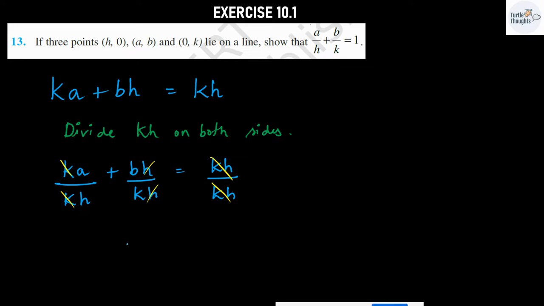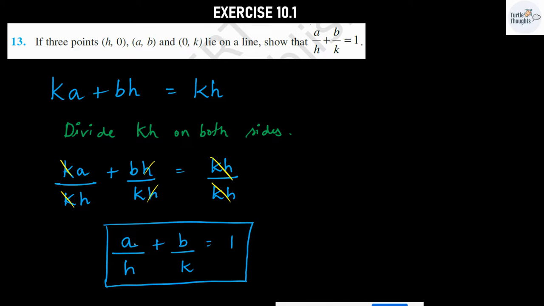So I will be left with a by h plus b by k is equal to kh by kh, which is nothing but 1. So I'll be ending up with a by h plus b by k is equal to 1. This is what we had to show. So you can write hence proved.